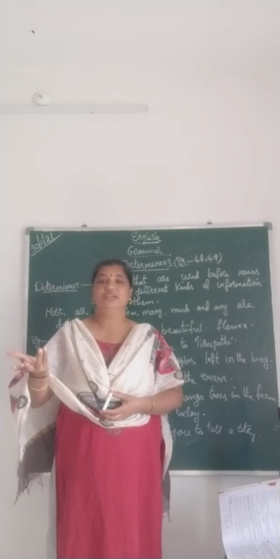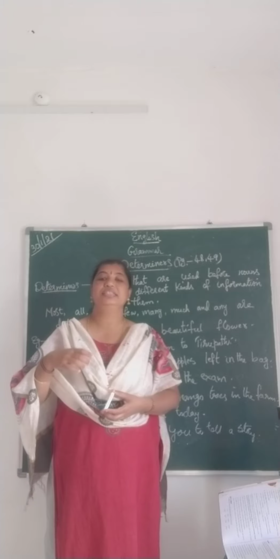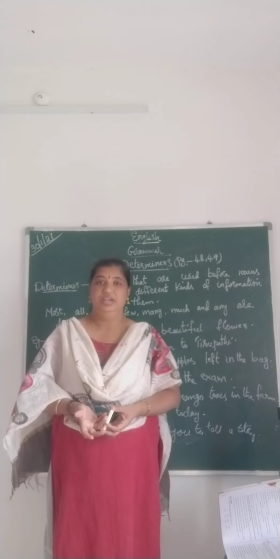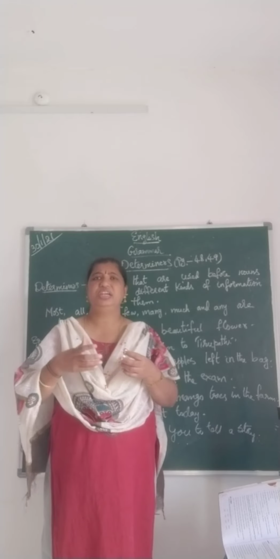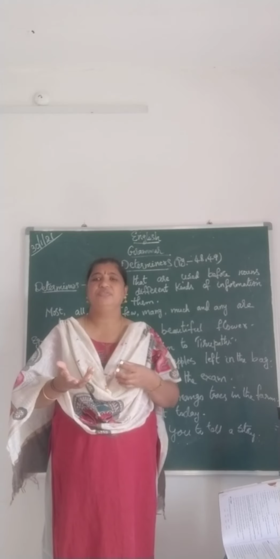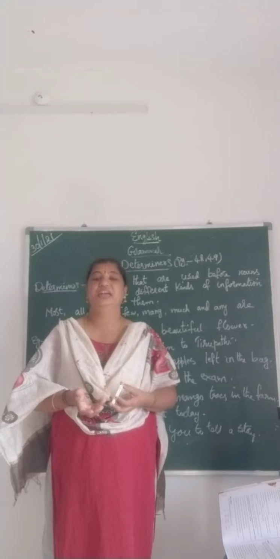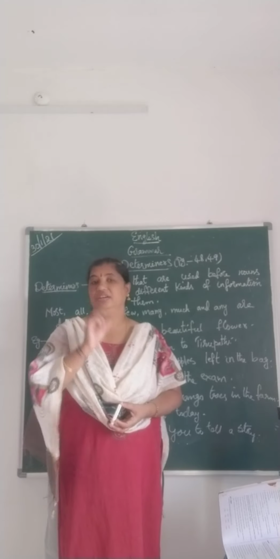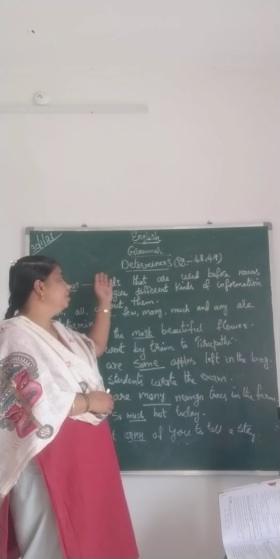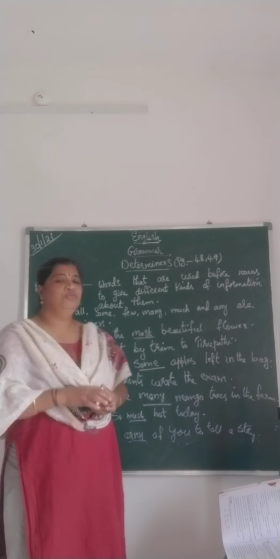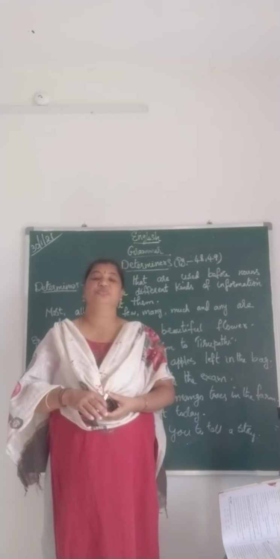Determine means what? By the word itself it tells us it is telling something about, something which we talk about, okay? Like to identify something, then we call it to be determined. So similarly, in English grammar, we have got determiners. And what do these determiners do?